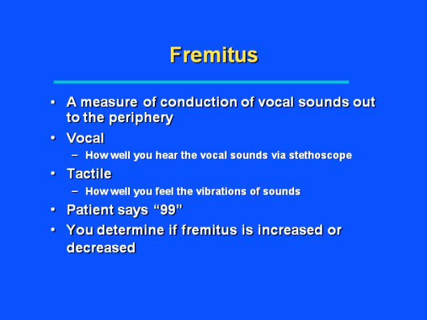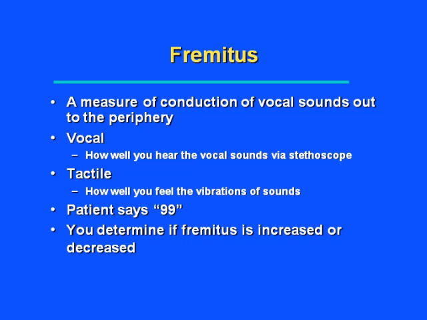Next is fremitus, and that's really a word that we use for a measure of the conduction of vocal sounds out to the periphery, so that it depends on the person making a vocal noise.